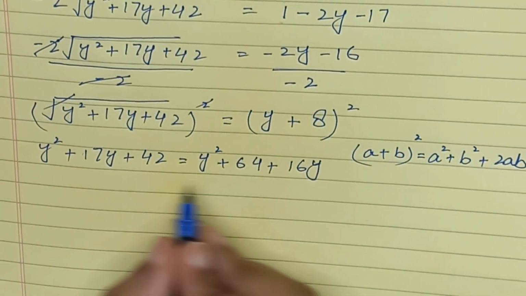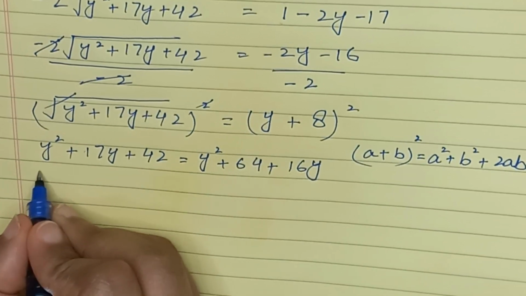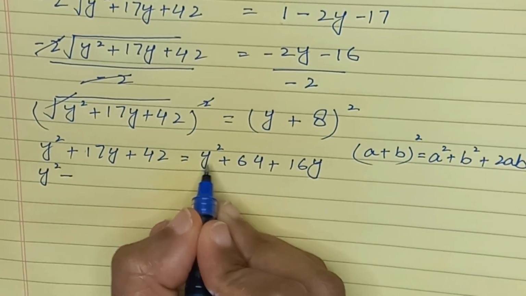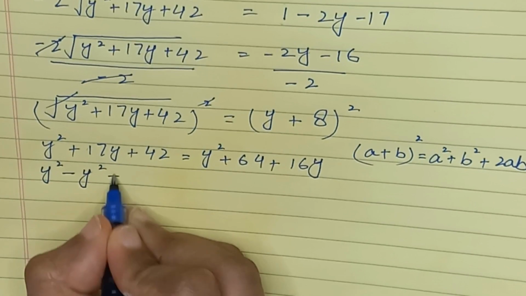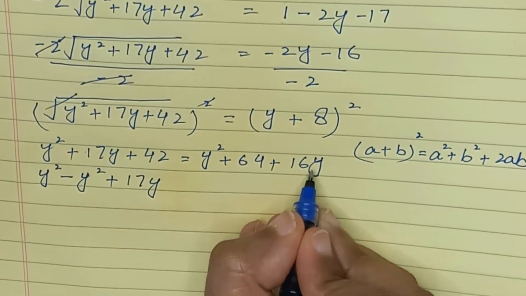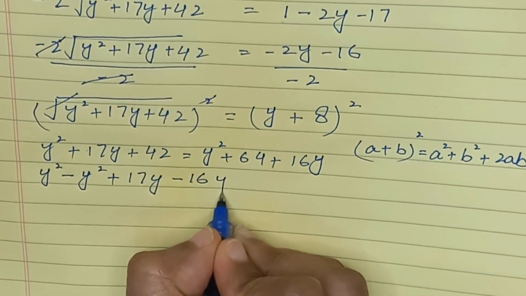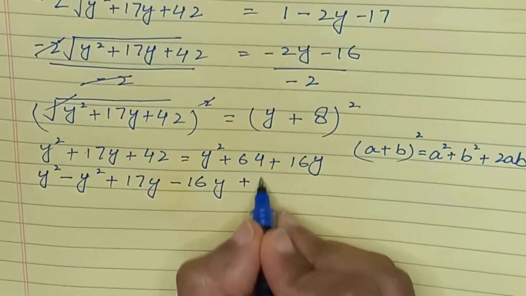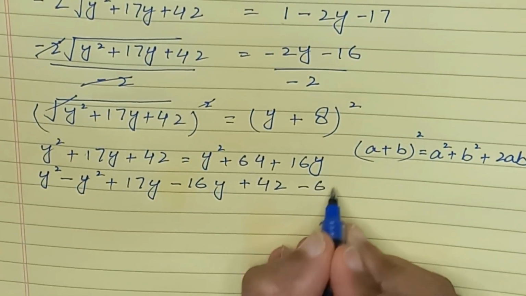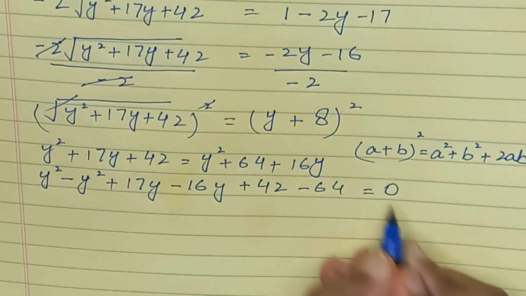Now we will combine like terms, so it will become y square minus y square plus 17y minus 16y plus 42 minus 64, and is equal to 0.